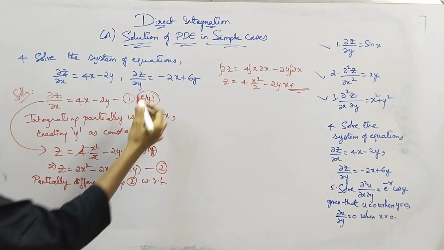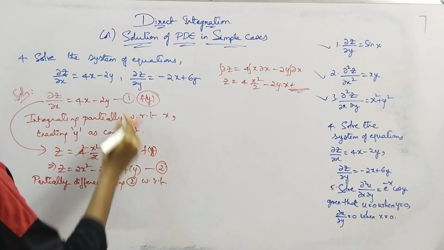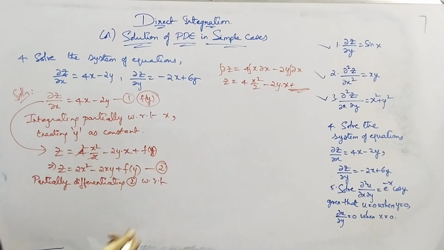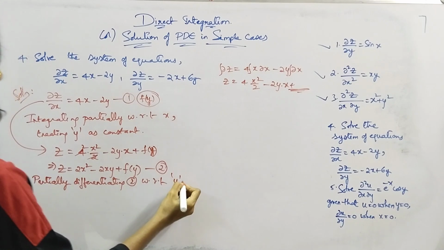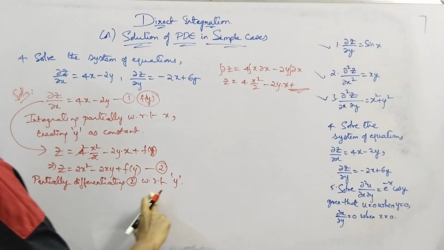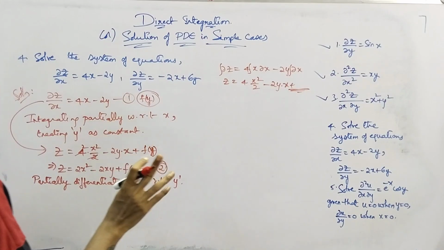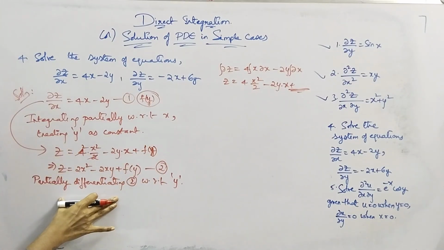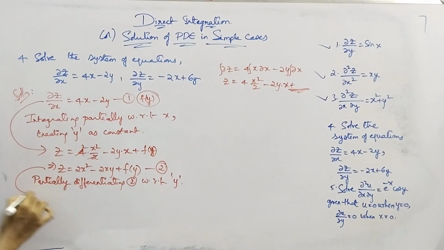With respect to y, I mean we need the dou z by dou y equation, right? So we are partially differentiating with respect to y, we'll treat x as constant.